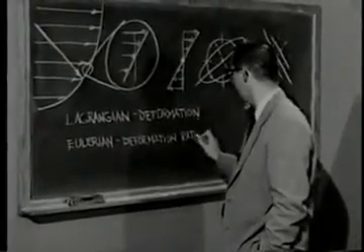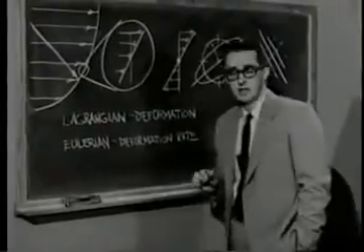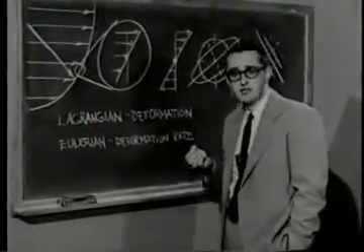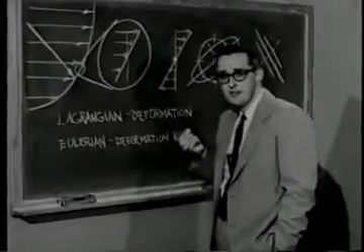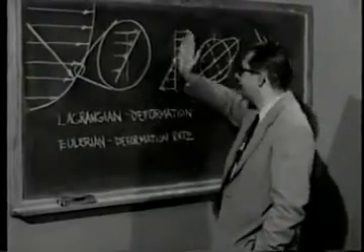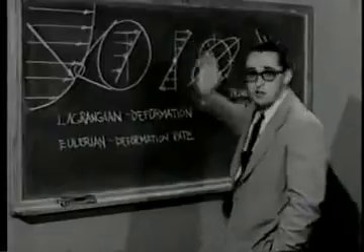Now, since we're interested in the present rate of deformation, let's define the instant that we've been calling the initial instant as the present. That is, the instant of special interest to us.